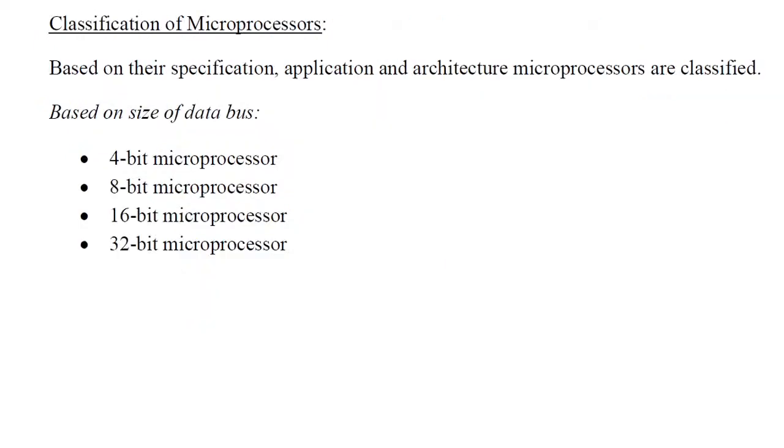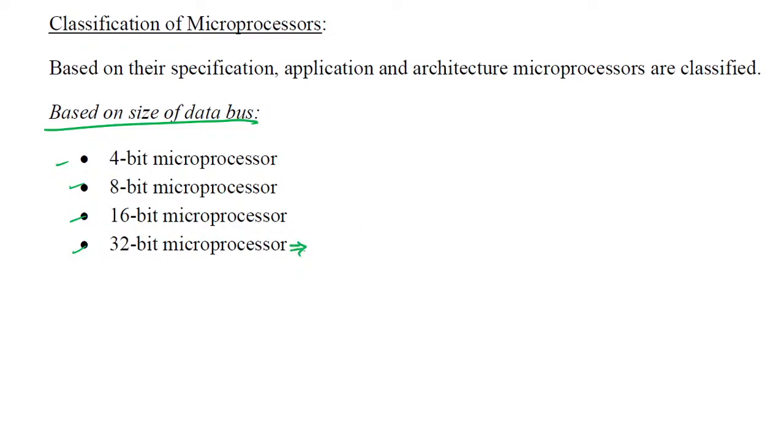The classification of microprocessors can be done on the basis of architecture and their specification. If you divide microprocessors on the basis of the size of the data bus, then we can have 4-bit, 8-bit, 16-bit, and 32-bit microprocessors. Nowadays most microprocessors are 32-bit and 64-bit.